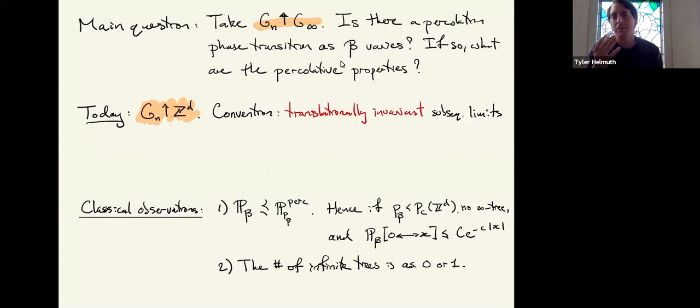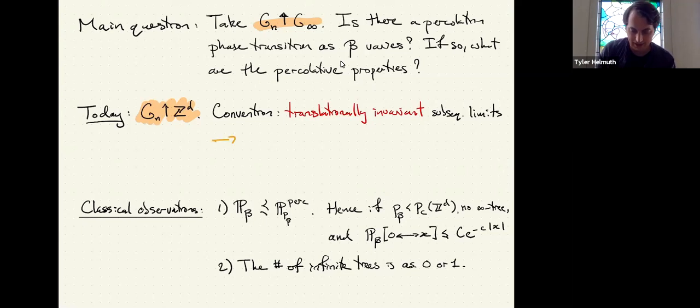So there's something a little bit tricky here, which is that this conditioning is extremely singular of bond percolation. So it's only really well defined on a finite graph, and it's not obvious at all what infinite volume object exists. So you can, of course, take subsequential limits, and just for the point of view of this discussion, I'm going to make the convention that I'm just considering translation invariant subsequential limits.